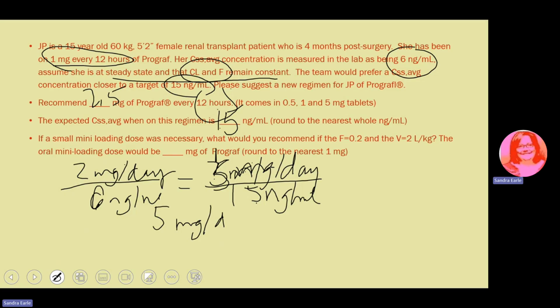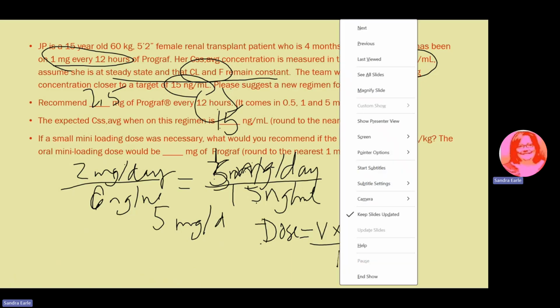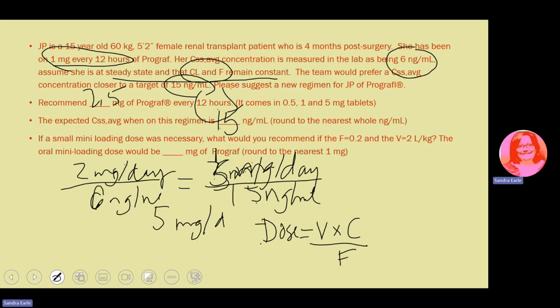Okay, so to get a loading dose, remember, it's just your volume times your concentration. And in this case, if we're giving it orally, we're going to have to consider the bioavailability. Now, the other thing we have to consider is the patient already has 6 nanograms in their system.